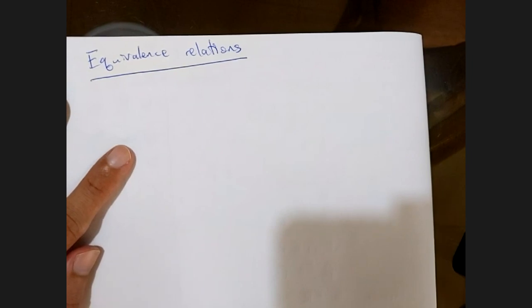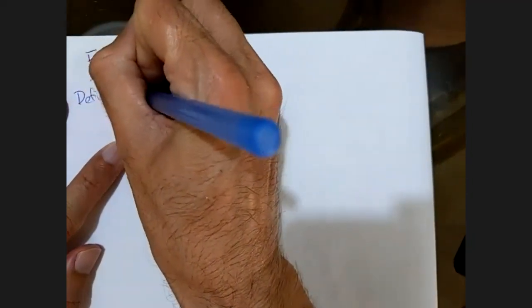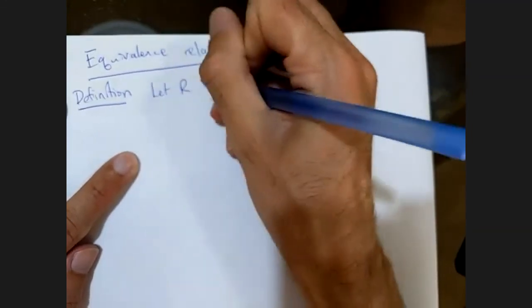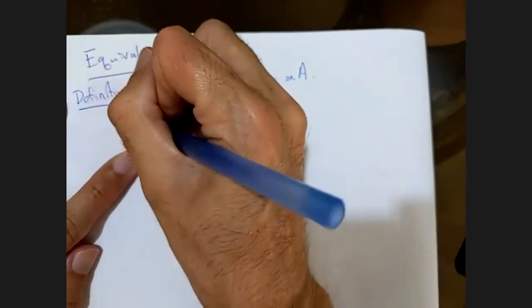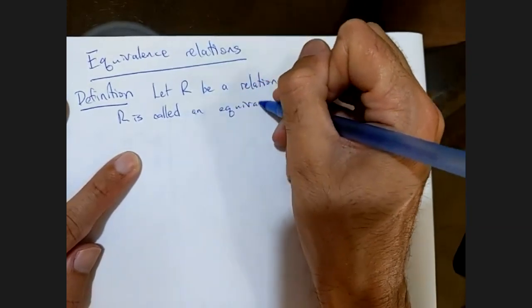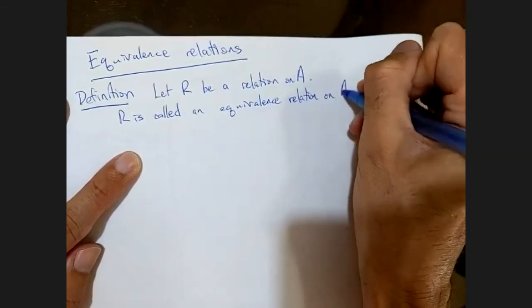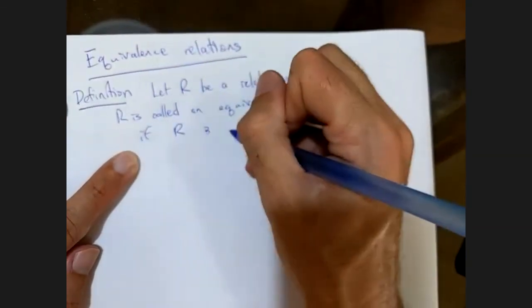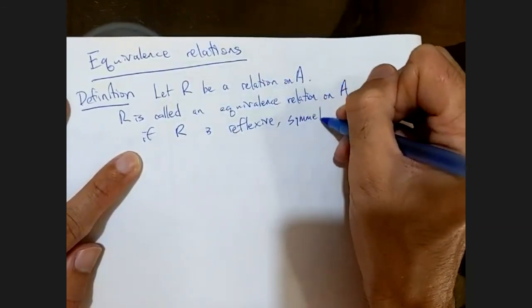So we really need equivalence relations to dig into how they work. So first, let's just define them in case you don't remember. Let R be a relation on A. R is called an equivalence relation on A if R is reflexive, symmetric, and transitive.